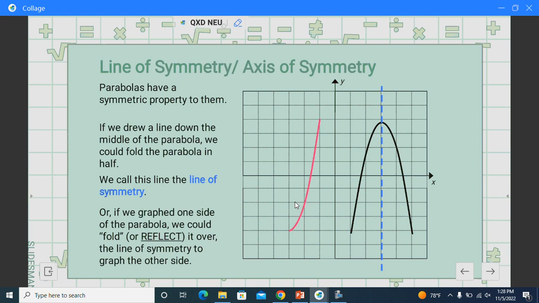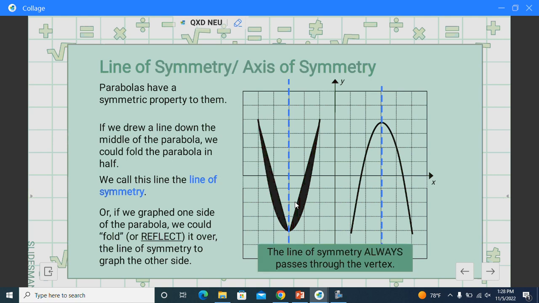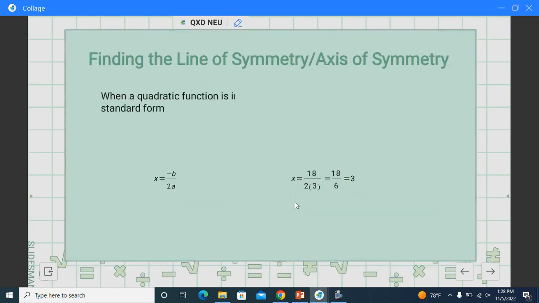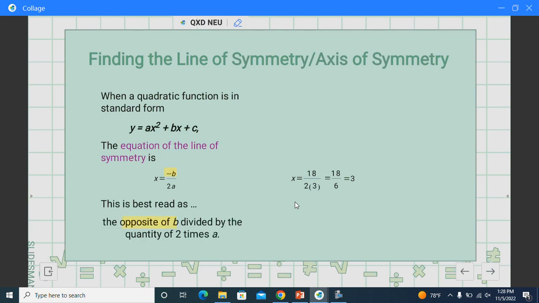Just like this, we'll have a line of symmetry, and we will just reflect it to have the graph of the other side. The line of symmetry always passes through the vertex. Now, how do we find the line of symmetry?